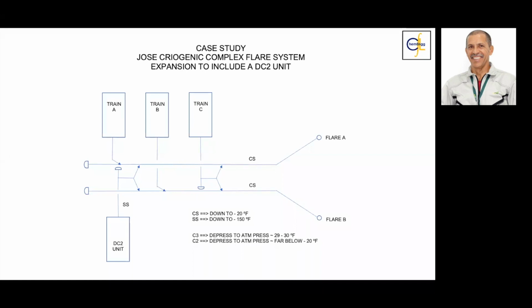Okay, fortunately, this project didn't go further, and this unit has not been installed in that plant. Fortunately for that plant, this project was put down. Otherwise, there would be a big safety problem introduced into that complex.